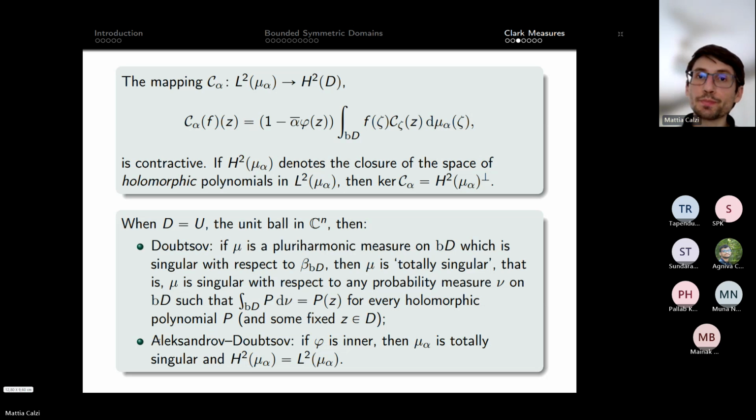And as a consequence of this fact, one may show that if phi is inner, then mu alpha is totally singular, because we knew that it was pluriharmonic and singular. But in addition, we know that holomorphic polynomials are dense in L2 of mu alpha. And this is known for inner functions.